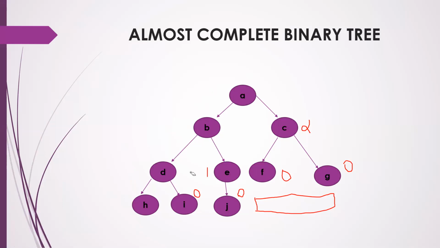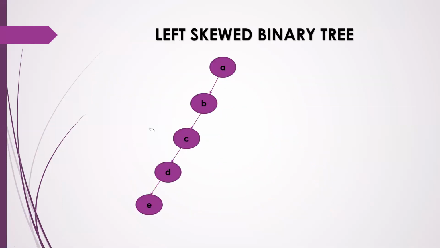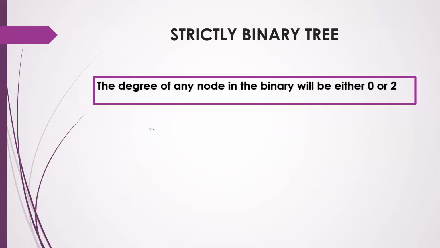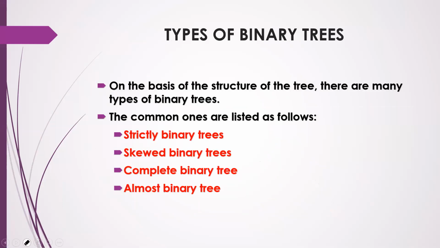So we saw the 4 types: strictly binary tree, skewed binary tree, complete binary tree, and almost complete binary tree.